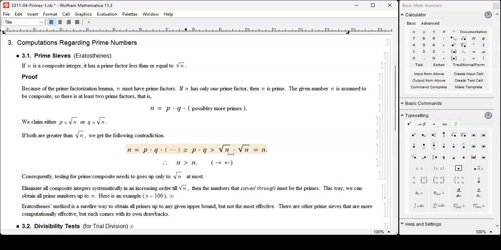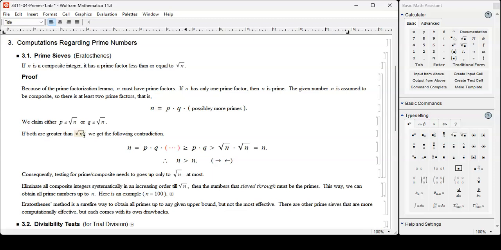And then p goes down to the square root of n, and then q also goes down to the square root of n, and those are strictly decreasing because we assumed they're both strictly greater than the square root of n. But then again, the square root of n times the square root of n is n, so what do we have? n is strictly greater than itself. That can't be right, so there goes our contradiction.